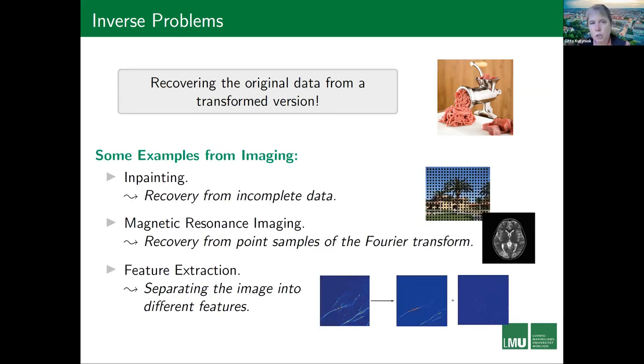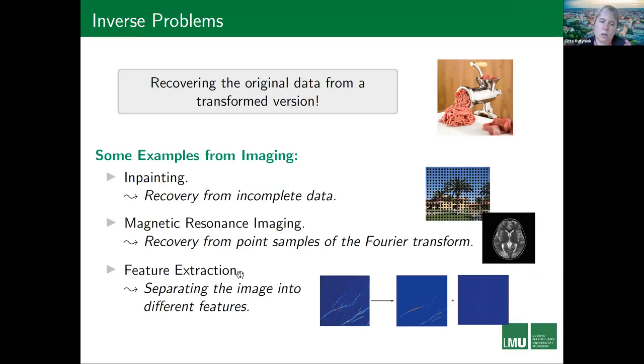So some examples from imaging are very classical. For instance, inpainting: you have an image, you take out certain parts, and you would like to then recover the parts which were taken out and fill them in a natural way, whatever natural means. Or MRI, magnetic resonance imaging, where you apply in a coarse way a Fourier transform and sample it and then want to recover your initial data from that.